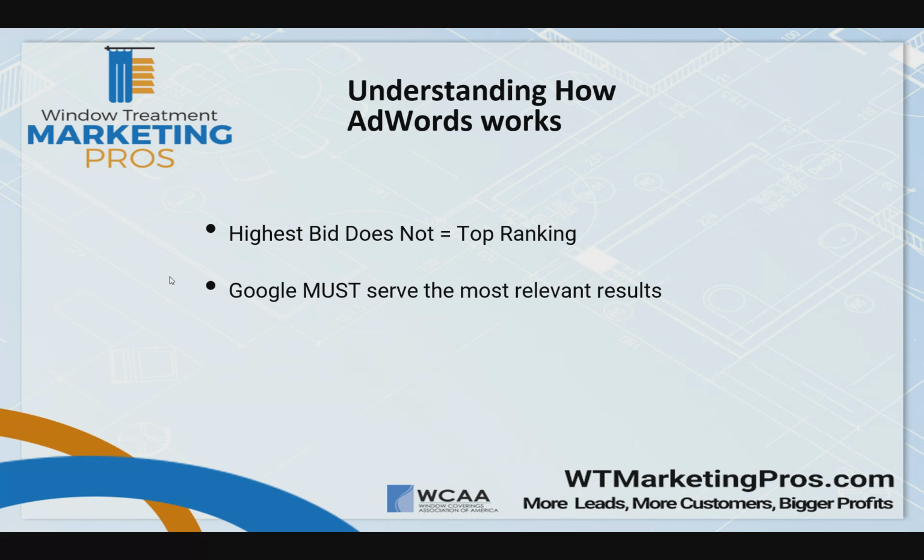So they actually watch how many people are clicking a specific ad, and if they come back, let's say they click on the first ad, and then they come back to Google 20 seconds later, and they click on the second ad, and then they don't come back, Google actually pays attention to that and might actually start showing ad number 2 more often than ad number 1, even though ad number 1 is spending more or bidding more to get that traffic.